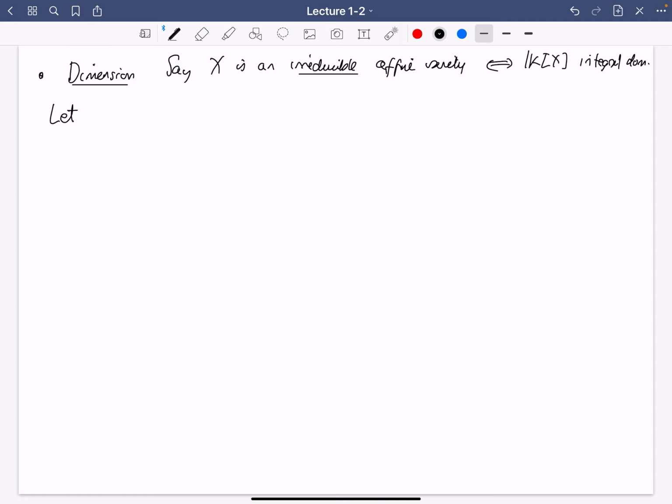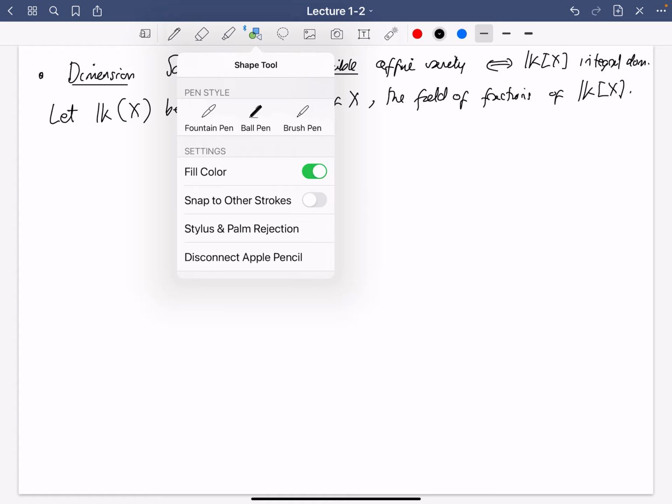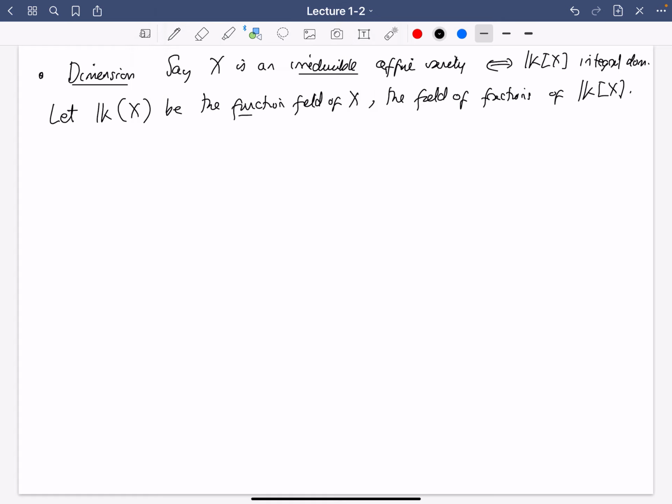You see, once this coordinate algebra is an integral domain, you can talk about its field of fractions. So this is called the function field. So that's the field of fractions of that integral domain. Okay, so you always have this function field for an irreducible affine variety.